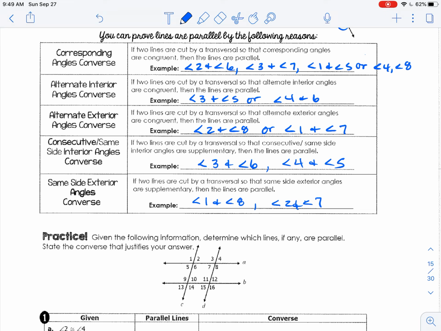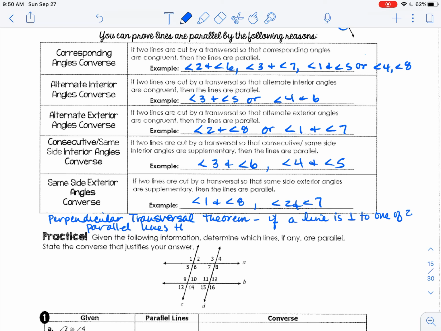There's one more theorem that's not on here that we need to list, and that's the perpendicular transversal theorem. If a line is perpendicular to one of two parallel lines, then it is perpendicular to the second line.